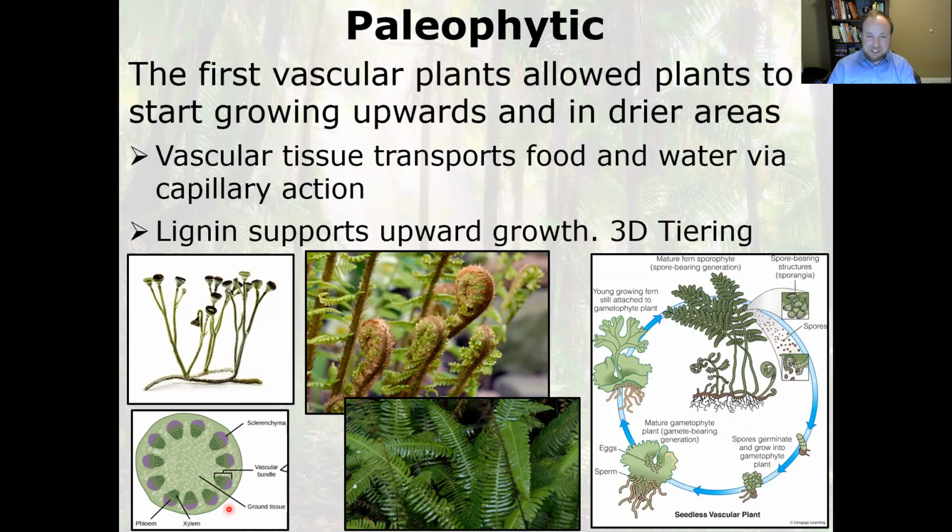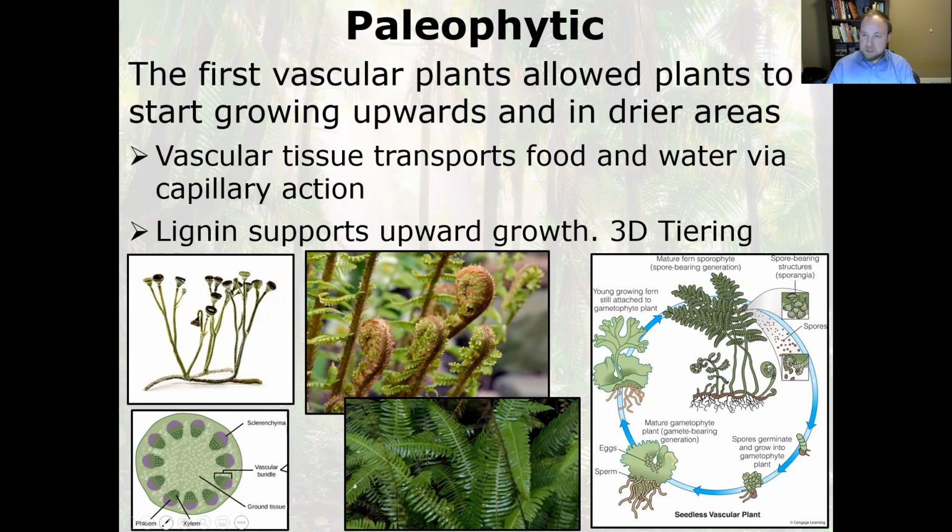So this vascular tissue transports food and water just via capillary action, so they're not pumps. Just the nature of the small tube pulls the water and the food up. And there's also this advance where lignin develops, which supports a rigid outer structure in vascular plants that forms the outside of these vascular bundles.